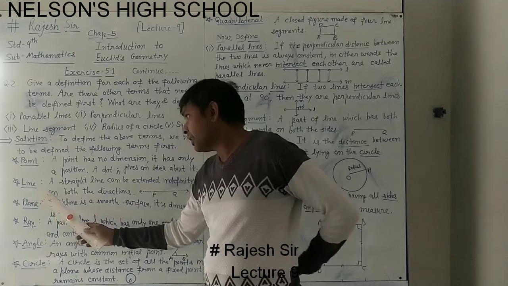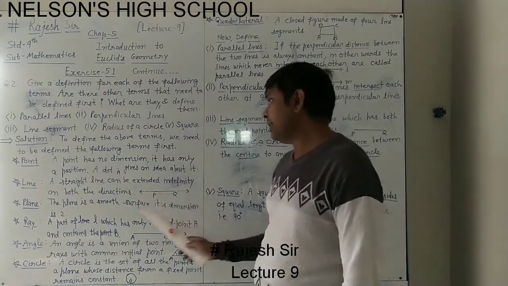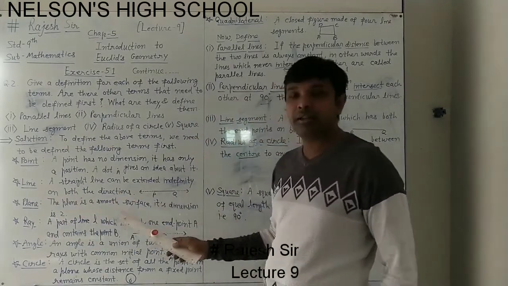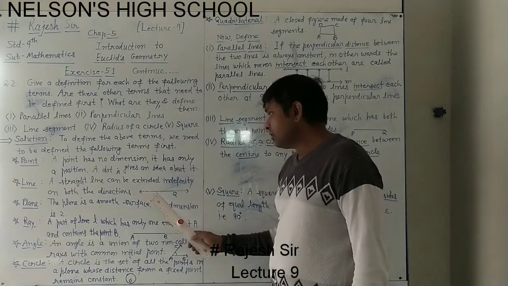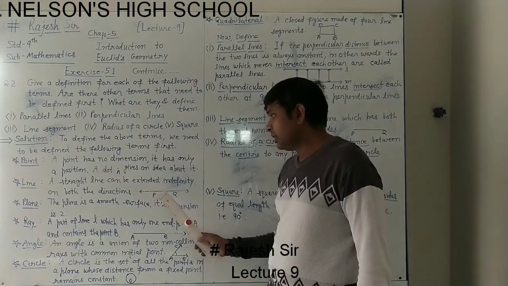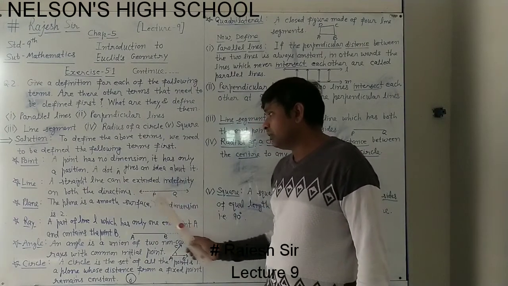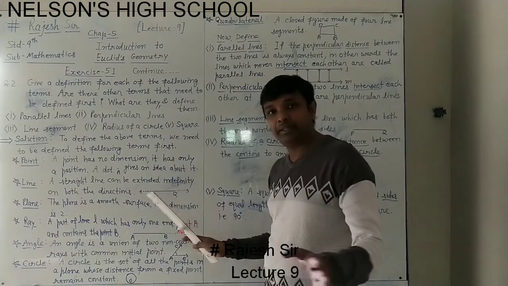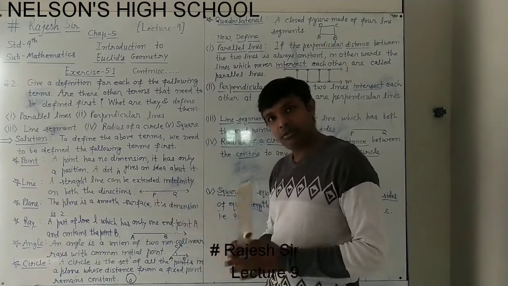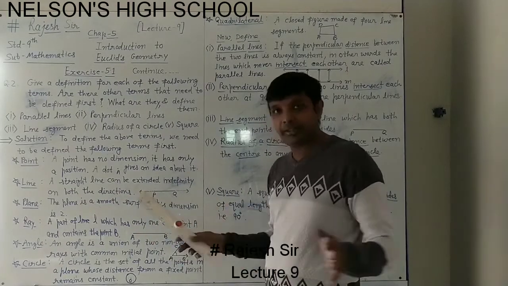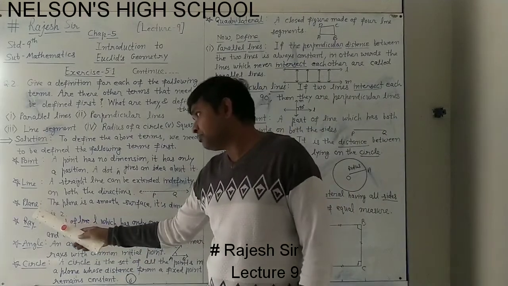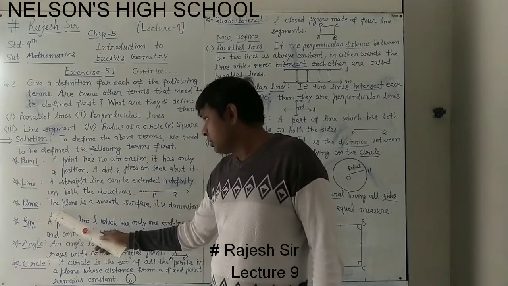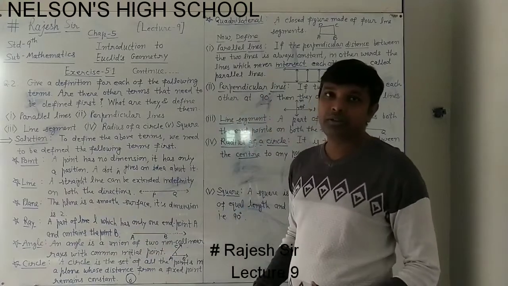Next is line. A straight line can be extended indefinitely in both directions, as we have seen in the postulate. This way we show the line having 2 points P and Q, and on both sides it is extending, with no limit. Indefinitely it can extend. This is the line definition with the figure. Plane. What is a plane? A plane is a smooth surface.